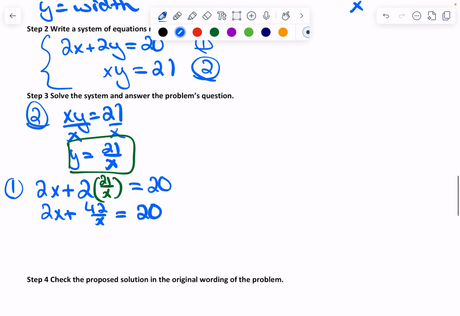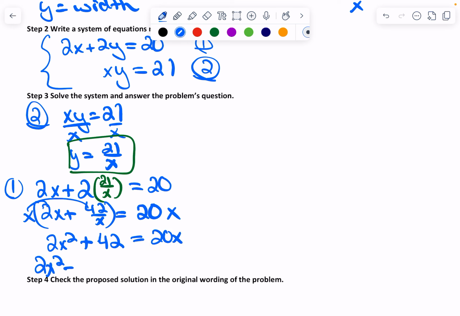Now, to get rid of this x in the denominator, we're going to multiply this by x, and we're going to multiply the other side by x so that we're not changing it. We're distributing: 2x squared plus 42, the x's cancel each other out or become a 1, equals 20x. So 2x squared minus 20x plus 42 equals 0.